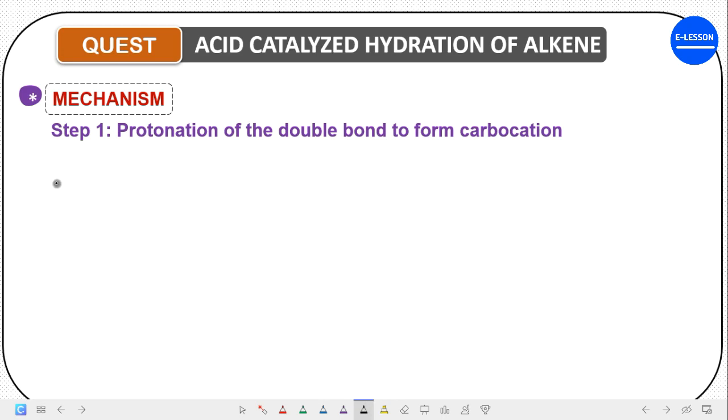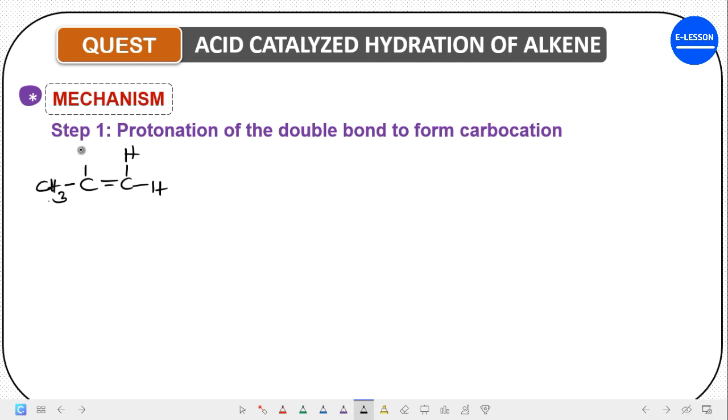So let's say this is an alkene. Let's use an unsymmetrical alkene to make things easier. Let's say you have C double bond C, and then hydrogen, and hydrogen, and then you have CH3, and then you have hydrogen.